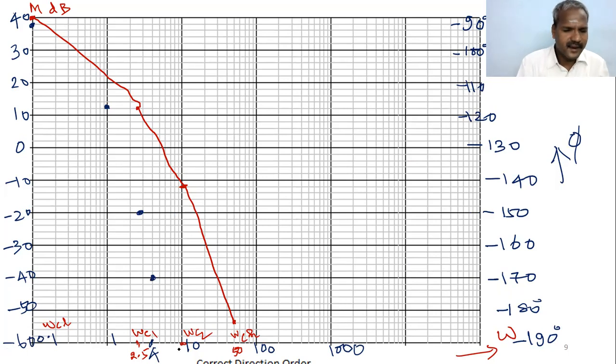Next 10. At 10 radian per second, 210. Okay, so it goes below to that 210. So 210 is nearly here. So at 10, 210, it crosses. So assume at this corner frequency omega, it crosses somewhere here, right? So now let us join these points, the phase angle points.